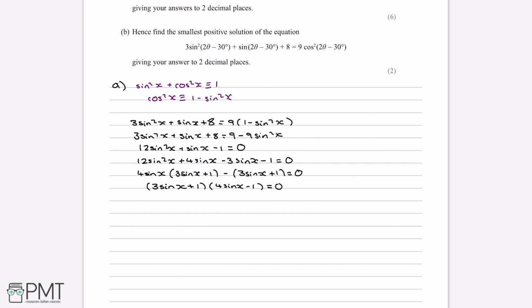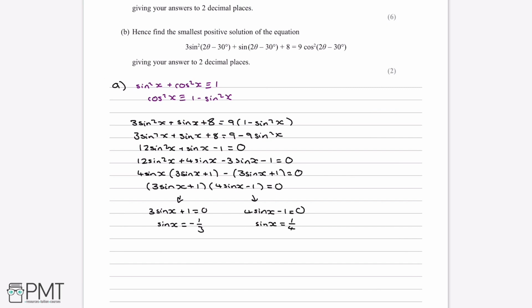Therefore, 3 sin x + 1 = 0 and 4 sin x - 1 = 0. If we rearrange these, sin x is equal to -1/3, and sin x is equal to 1/4.